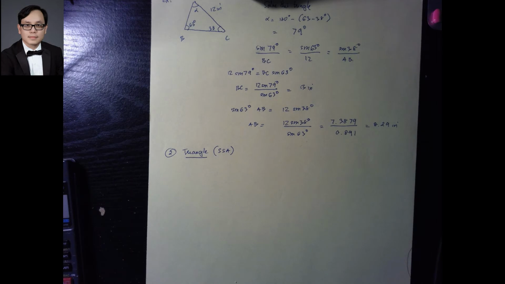We have to calculate the altitude of that triangle to see if the angle they are given is an acute angle or an obtuse angle.